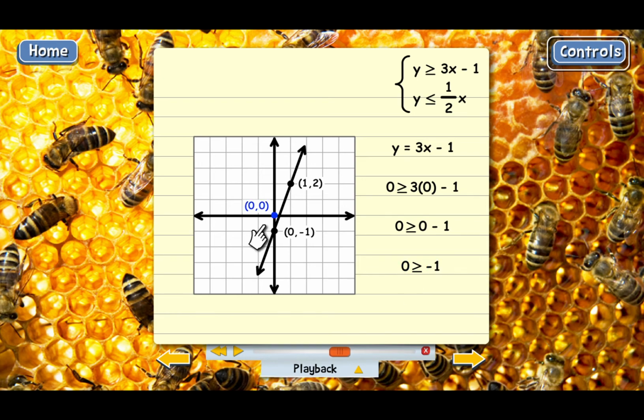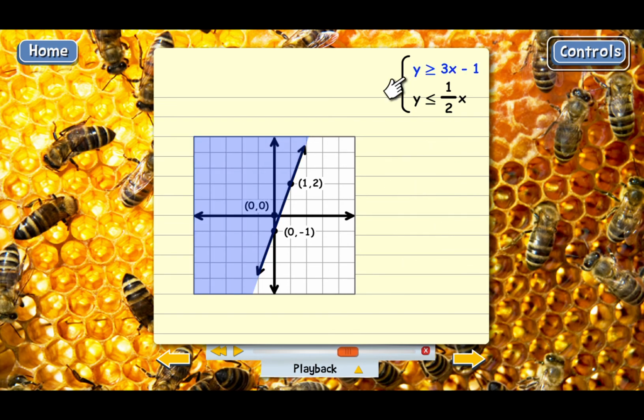So now that we know 0, 0 works in this inequality, any point located on the same side as 0, 0 is also going to be a solution. So we're going to shade this entire side of the line to show that all of these points are solutions to this inequality.